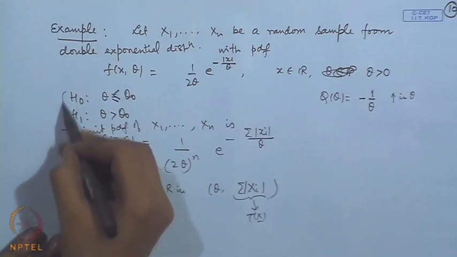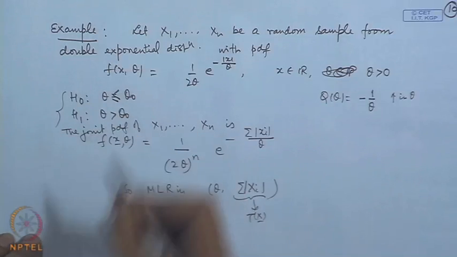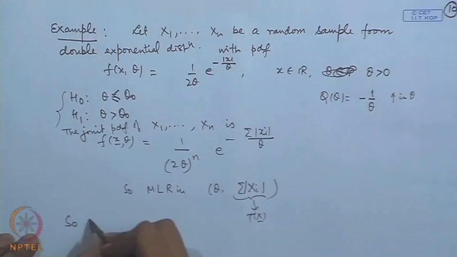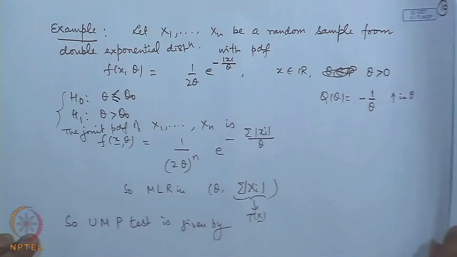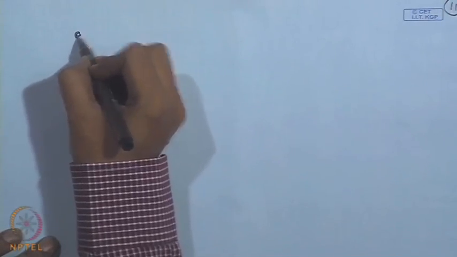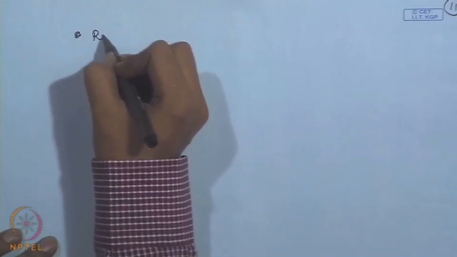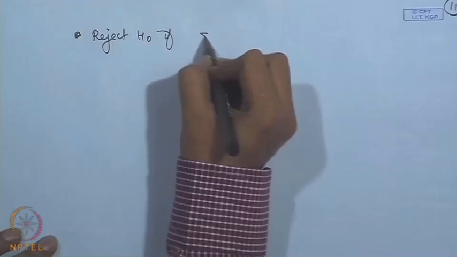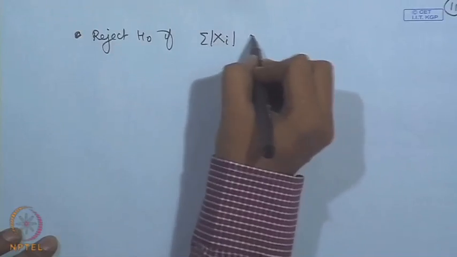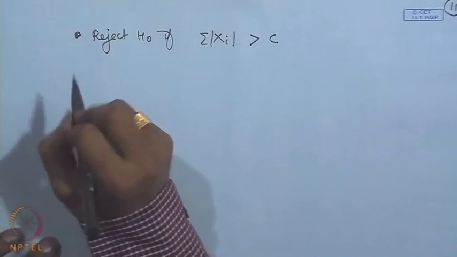Therefore, by an application of this corollary that I mentioned, the UMP test for this problem is to reject H naught if sigma modulus of x i is greater than C.